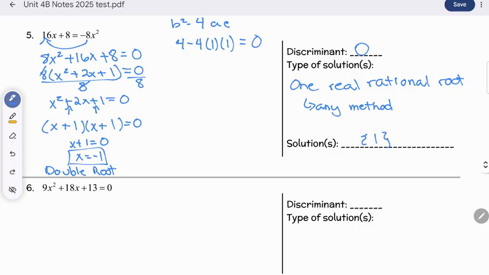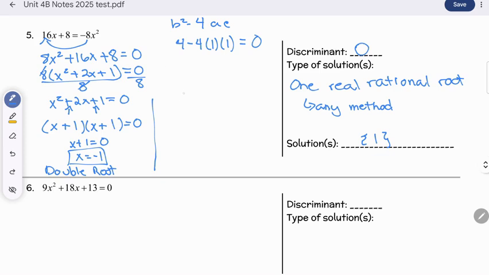Nice and sweet. Now what if I decided to do this with quadratic formula? I could complete the square pretty easy because that's already equal to x plus 1 times x plus 1.